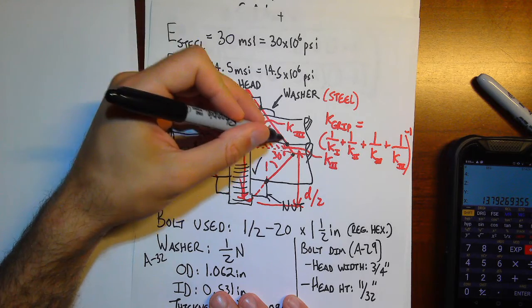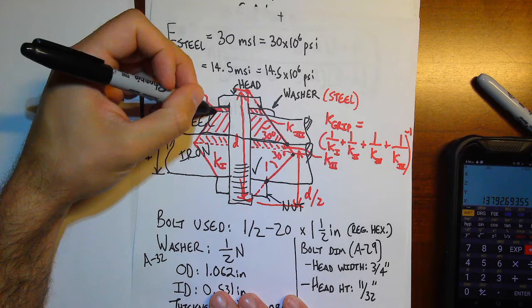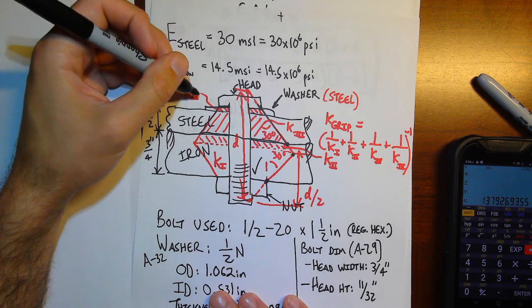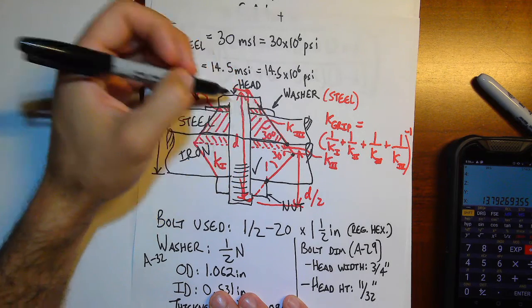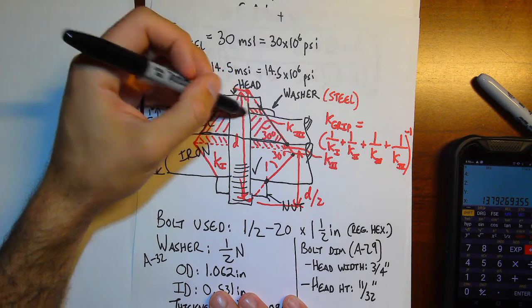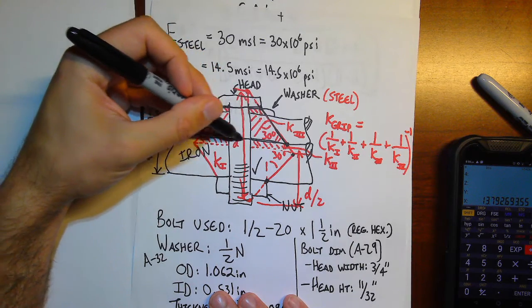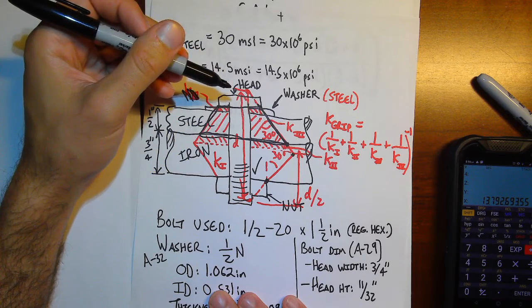Yeah, we're just going to do it. We're going to compute this whole thing as one because it's the exact same material the entire way through. So K4, I'm just going to ignore that. I'm just going to compute K2 as this entire region here because it's all one material.